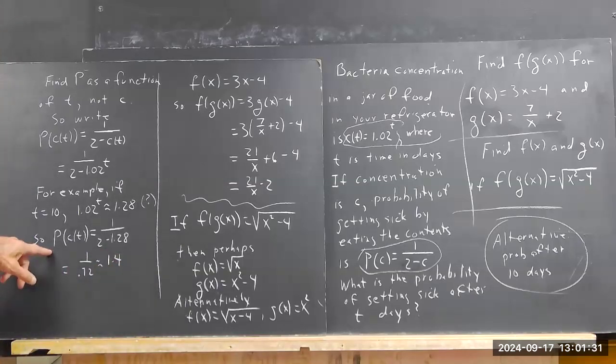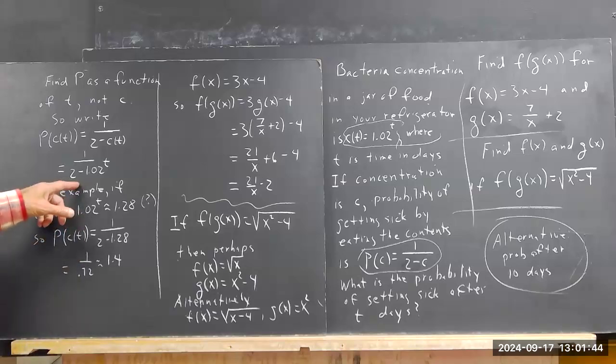Well, that would give you a probability, if you plug the numbers in and do the calculations, of 1.4. Well, probability of 1 means you're getting sick. The probabilities can't be bigger than 1. So there's something seriously wrong with my numbers.